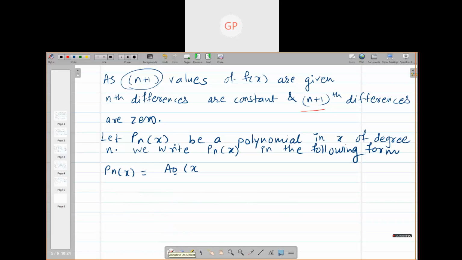Okay? So see how I am doing this: x minus x1 into x minus x2 and so on, x minus xn. Which bracket did I skip here? Minus x naught. Yes, I skipped x minus x0.